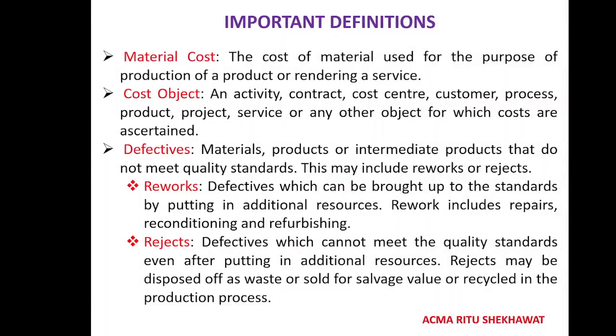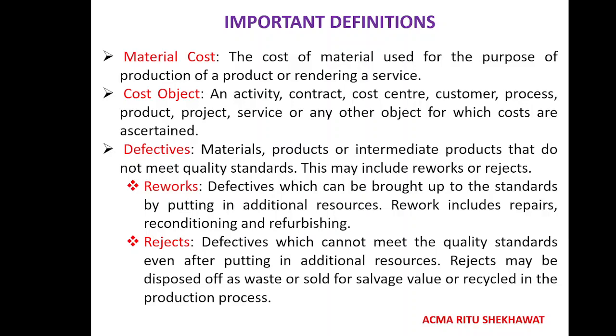Among important definitions, we have covered material cost, so what is cost object, as we have already studied in earlier standards. It is any activity, contract, cost center, customer, process, product, project, service, or any other object for which cost is ascertained. Defectives are the area we have to study in CAS 6. What is defective? Materials, products, or intermediate products that do not meet quality standards, which may include reworks or rejects.